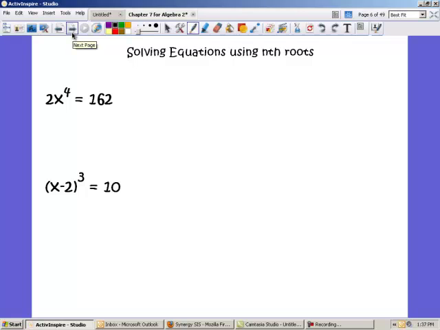All right, now we're going to solve equations when we have roots other than square root. So the first thing I would do here would be to divide by 2. And now, whenever we got rid of a square, we took the square root. So if we need to get rid of something to the fourth power, we're going to take the fourth root.